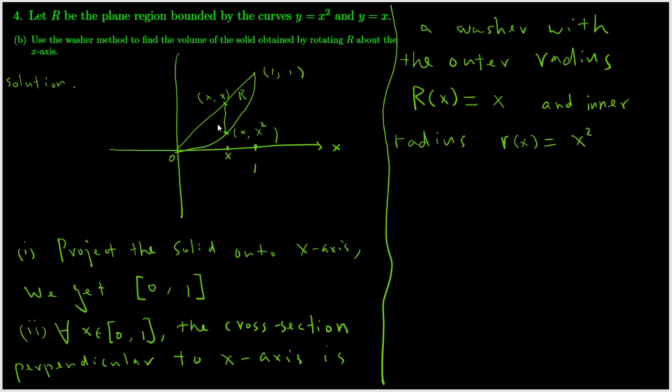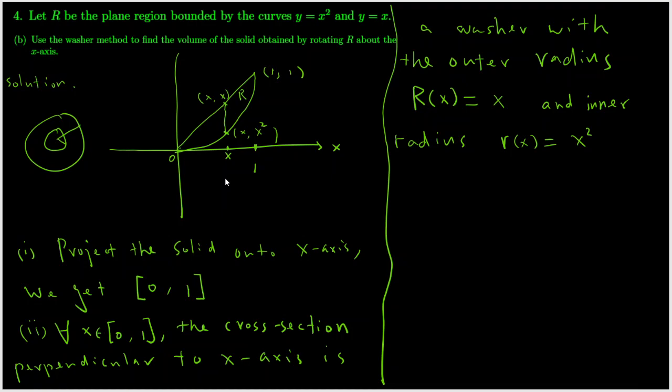Again, you rotate that little line segment around the horizontal line, you have a washer. The washer is something like this. The outer radius is that length. The inner radius is that length. The outer radius comes from rotating the line segment from this point to the x-axis, the longer part.